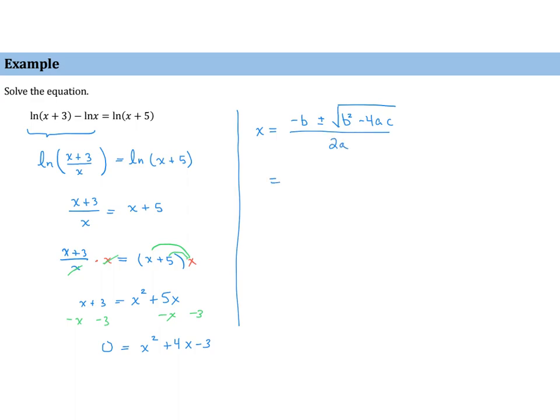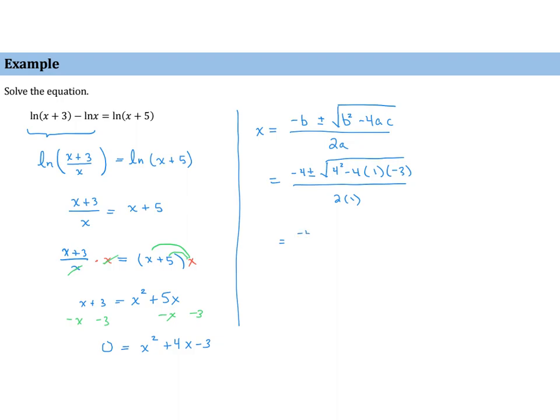So x equals negative 4 plus or minus the square root of 4 squared minus 4 times 1 times negative 3, all over 2 times 1.